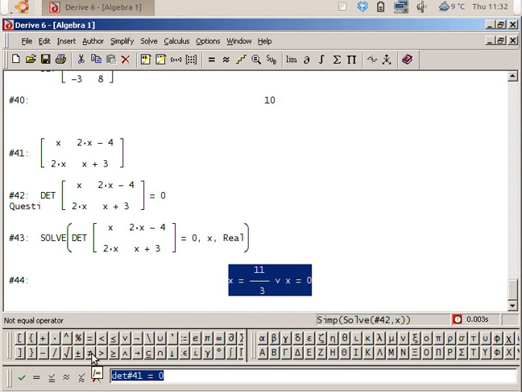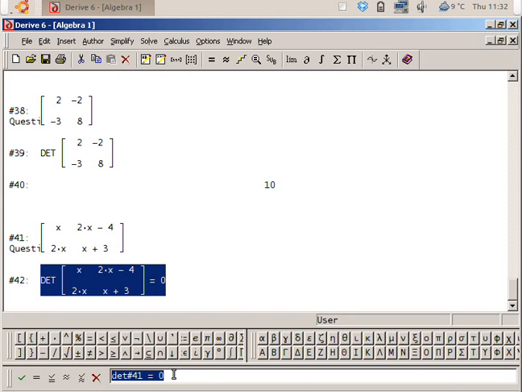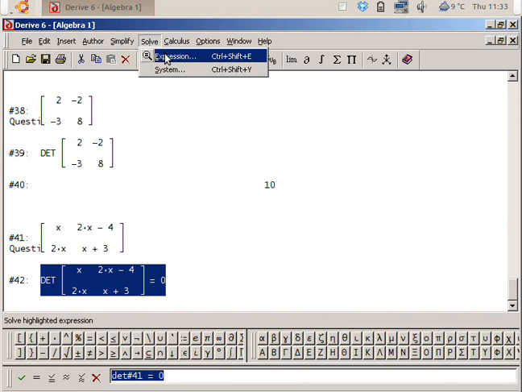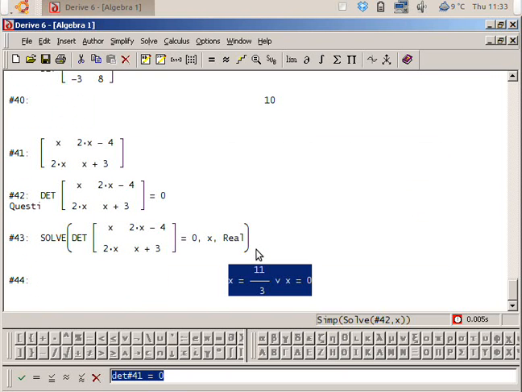Yeah. Okay. So, yep. Right, so there's the matrix. What line is it on? 41. And determinant of line 41 equals 0. There it is there. And you want to solve this expression. And we shall try to find an exact algebraic answer first. Solve expression algebra. Yep.